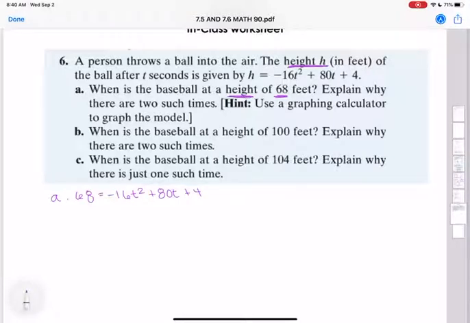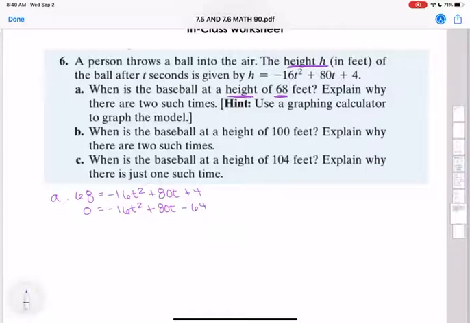Now what should we do? Let's get everything to one side. So subtract 68 from both sides, and you'll get 0 equals negative 16t squared plus 80t plus 4 minus 68, which would be minus 64.